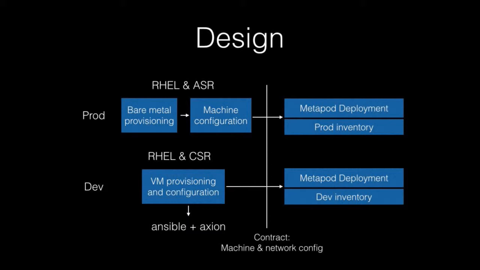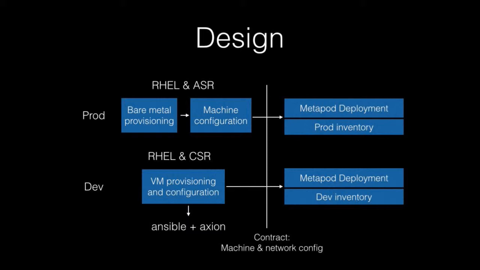The trick was that in the original Metapod design, we use basically two different types of machines. There are the normal machines, the controllers and the hypervisors, which are RHEL machines. And then we use routers, ASR routers, that do all the layer 3 operations, and things are hooked up using a Neutron plugin.